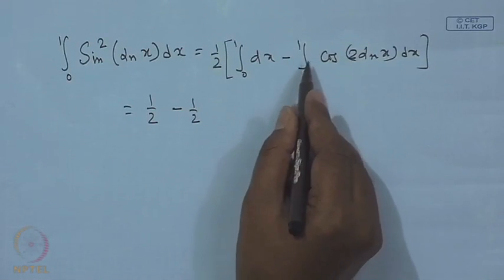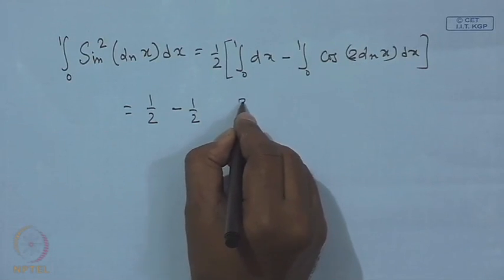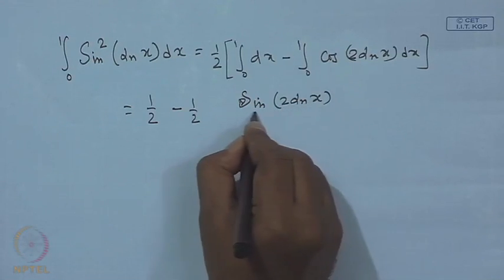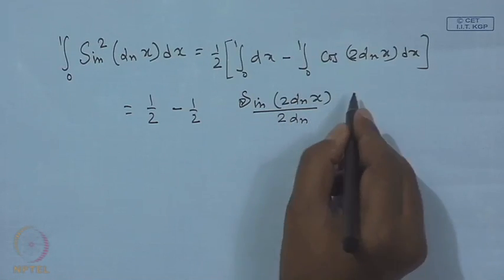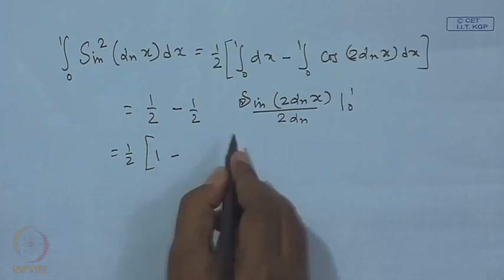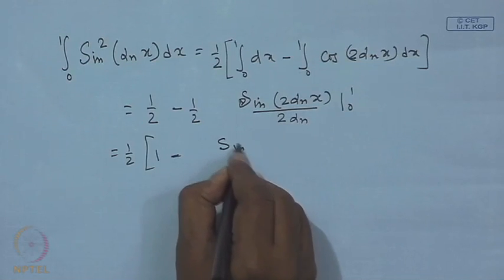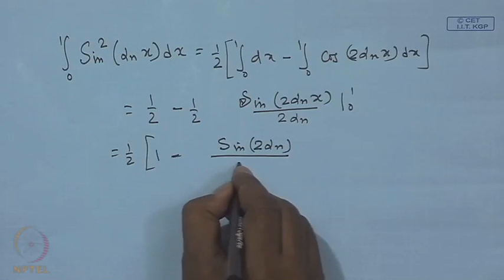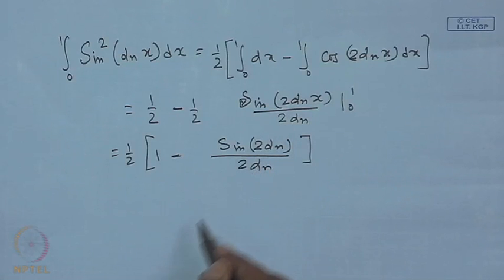Now, the integral from 0 to 1 of cosine 2 alpha n x dx will be nothing but sine 2 alpha n x divided by 2 alpha n from 0 to 1. So, let us see what we get. Half times 1 minus sine 2 alpha n divided by 2 alpha n minus sine 0, that will be equal to 0.